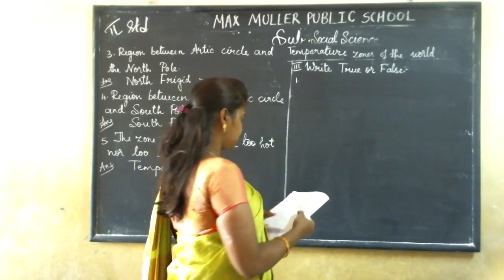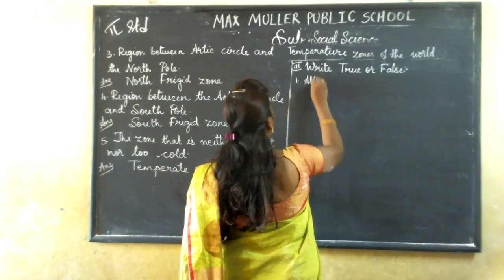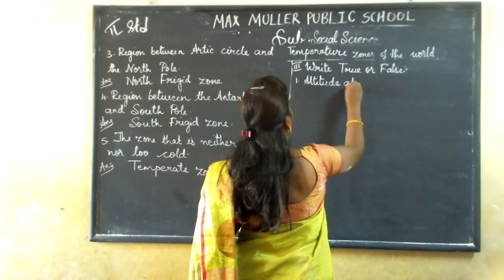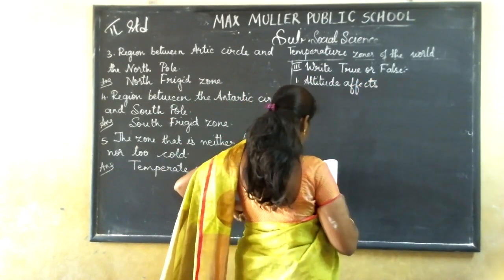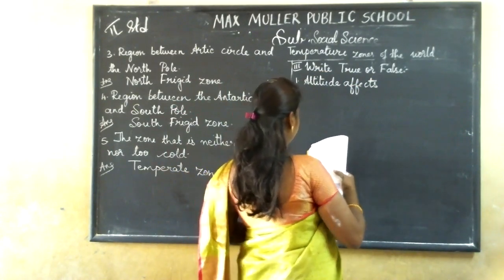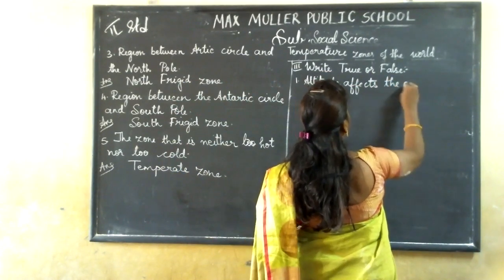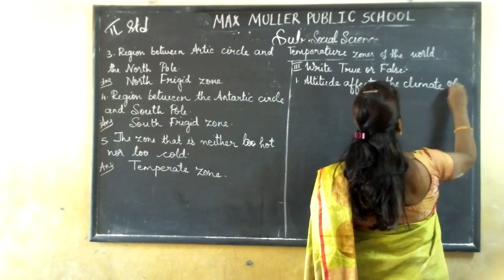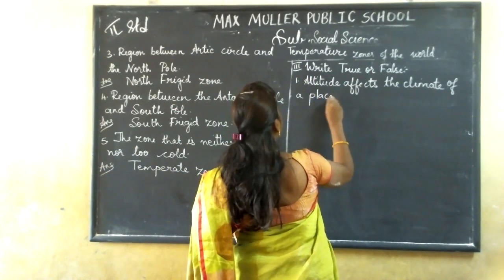So the first question is, altitude affects the climate of a place.